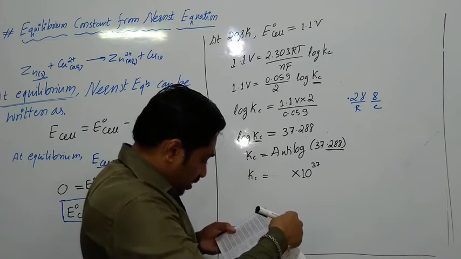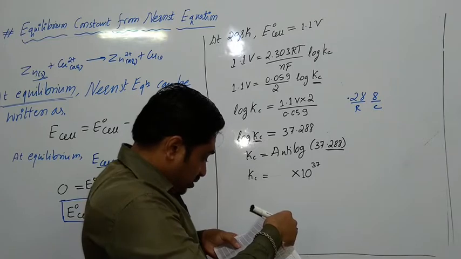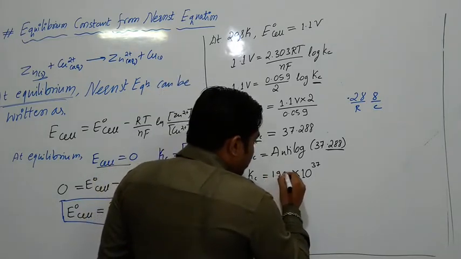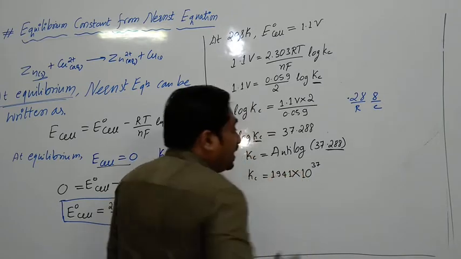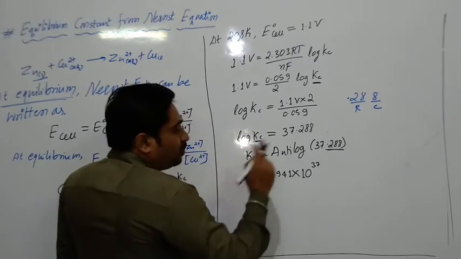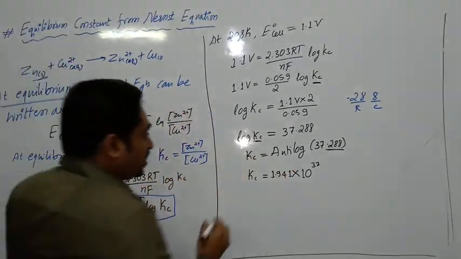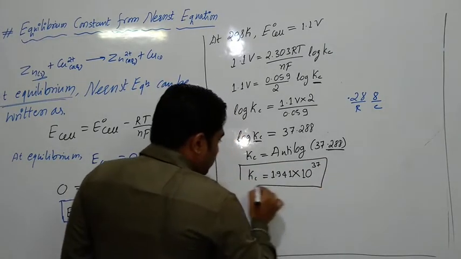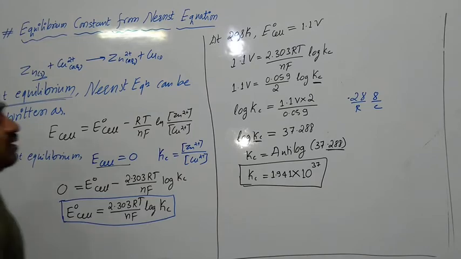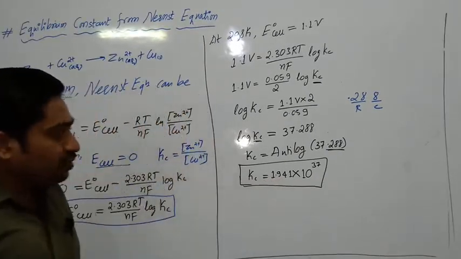It is found to be 1941. Now we have to put a decimal point after one number. So this is my answer. This is the equilibrium constant for the chemical reaction: 1.941 into 10 to the power 37.